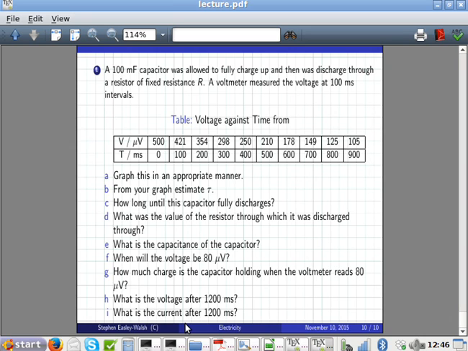Every exam, since the first exam, always has one question with a graph. So far, you've only done 2.